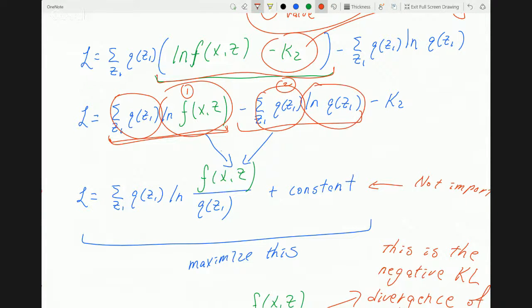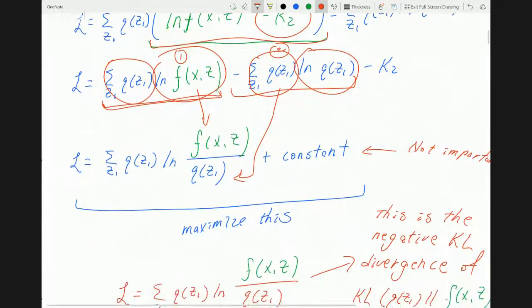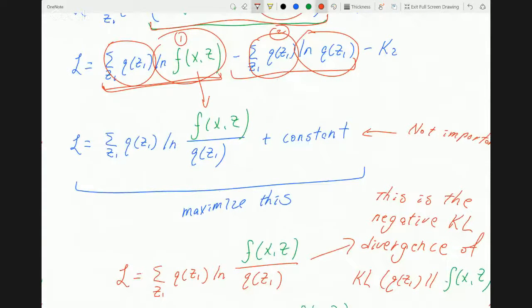Subtraction in log is division. So now it turns into a division where this goes here, and this goes here. And now we have simplified the lower bound even further, such that it's just like this here.